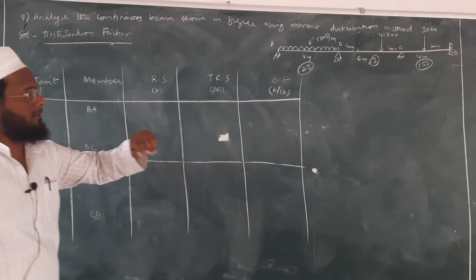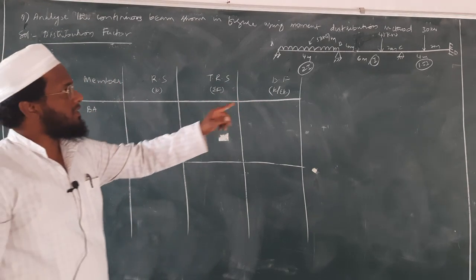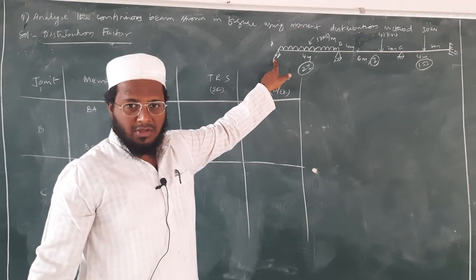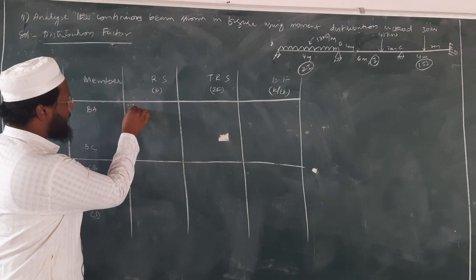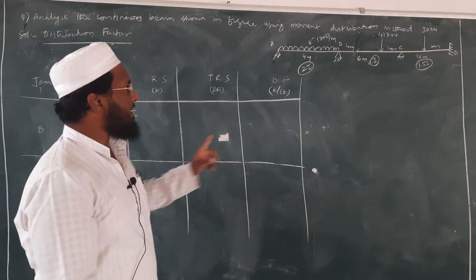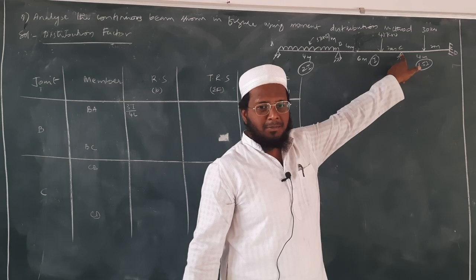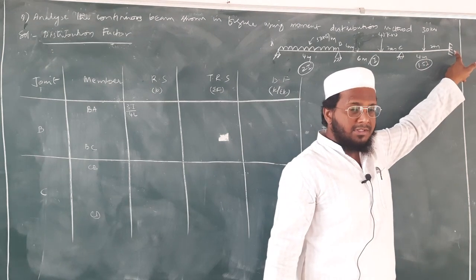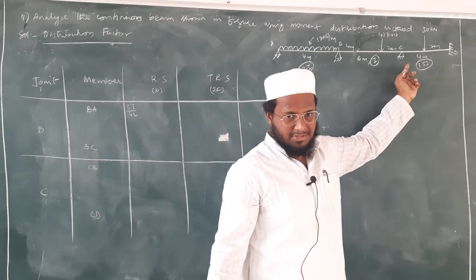Okay. Now we'll see relative stiffness. Very carefully observe here. We are calculating relative stiffness for BA. See B to A, 3I by 4L. Why? Because it is simple support. So I am writing here 3I by 4L. What about BC? BC again simple support, but we have one more support after it.